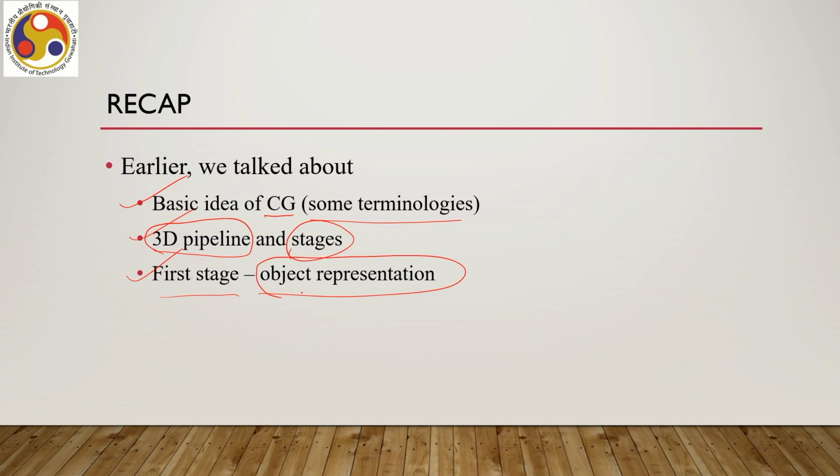Note that although we are talking about this as the first stage, in object representation there is no computation as such related to intensity calculation or determination of the pixel intensities. So, we may or may not call it the first stage, but for the sake of simplicity we are calling it the first stage of the graphics pipeline.